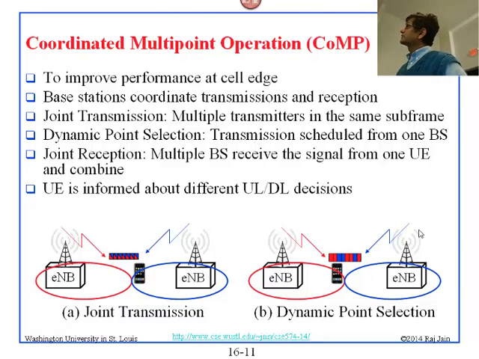Then we have CoMP. Since we are using the same frequency all over, the people who are at the edge are in trouble because they are getting interference from the other side. But the good thing is that the base stations can talk. And the mobile can say, well, I am getting interference from base station number red.